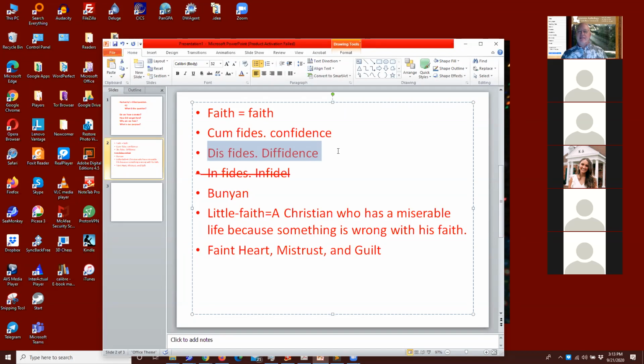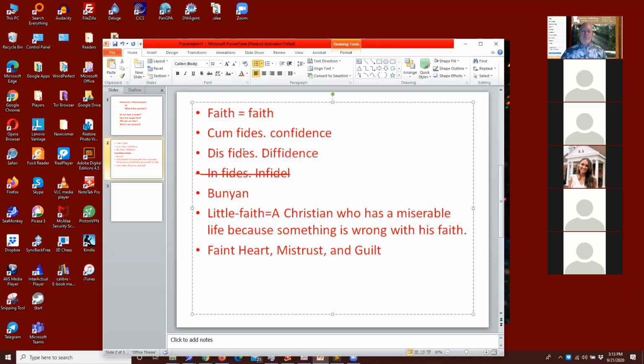So that's dis, as opposed to in. These are both Latin words we've brought over into English, more or less, meaning what they mean now. Con means with, dis means something's wrong with it, and in means it's gone.